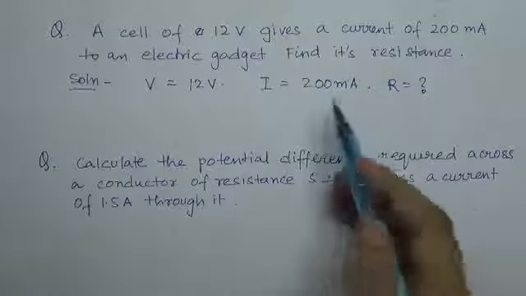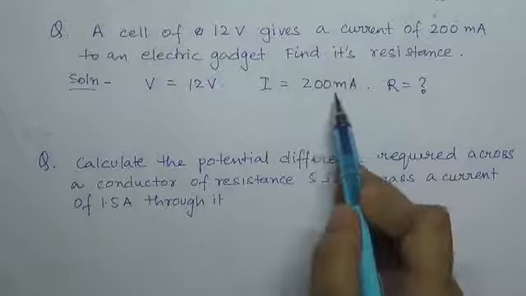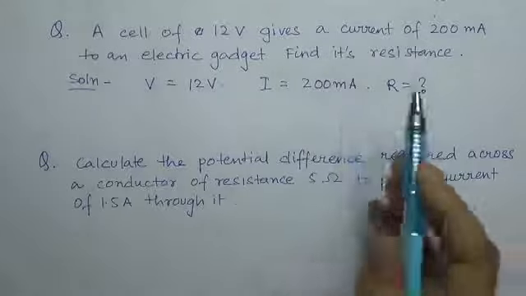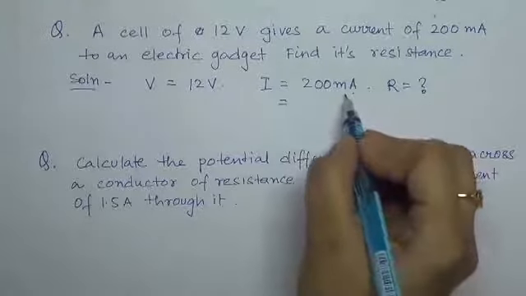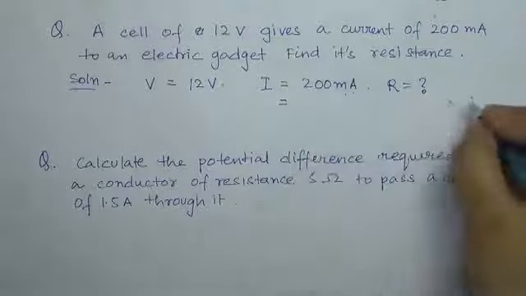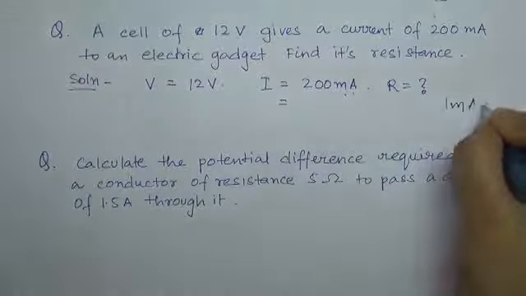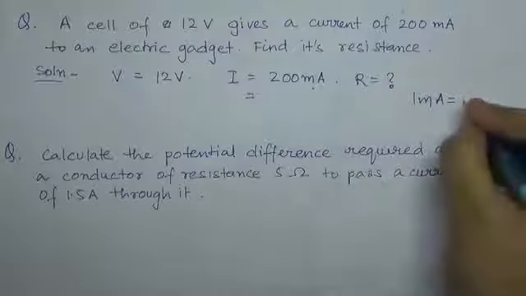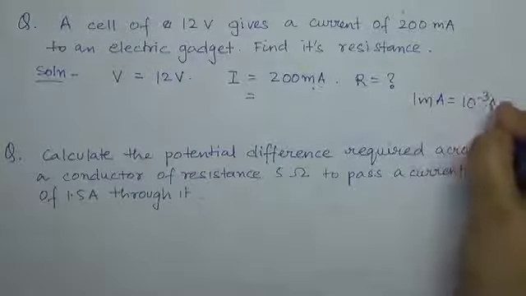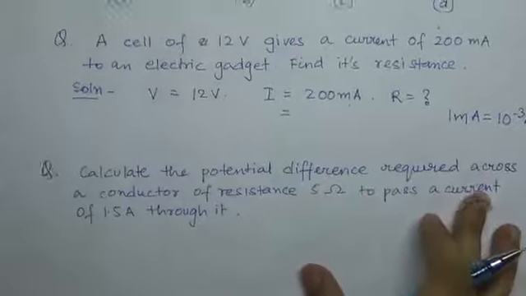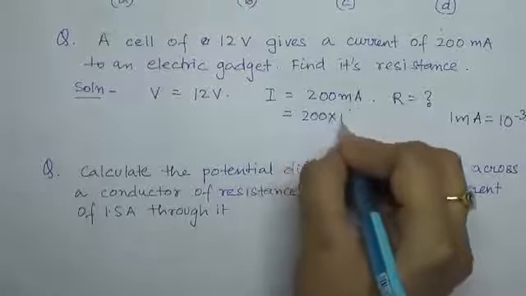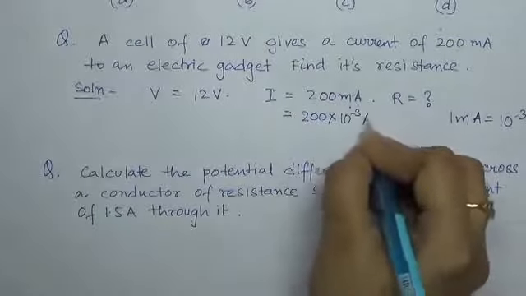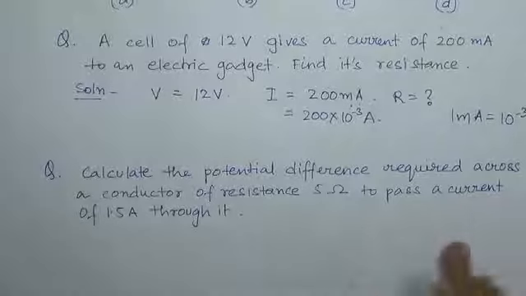Now you see the value of current is in milliampere, which is not an SI unit. So first you need to convert it to the SI unit. We know that 1 milliampere is equal to 10 to the power minus 3 ampere. So 200 milliampere is equal to 200 into 10 to the power minus 3 ampere. Now we know the formula.